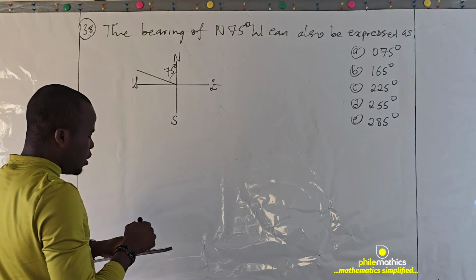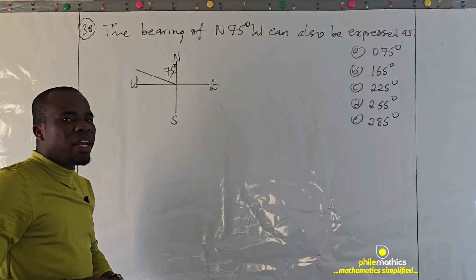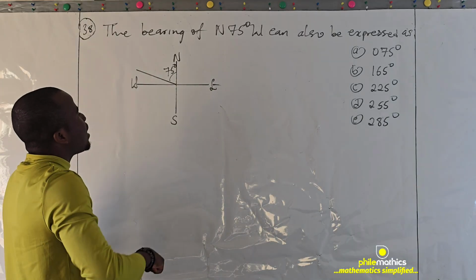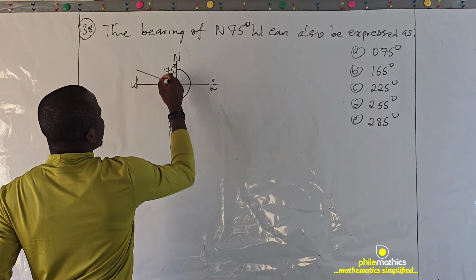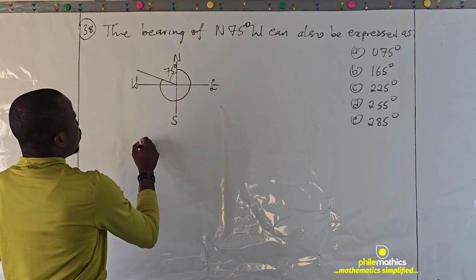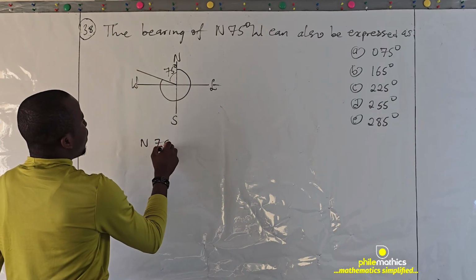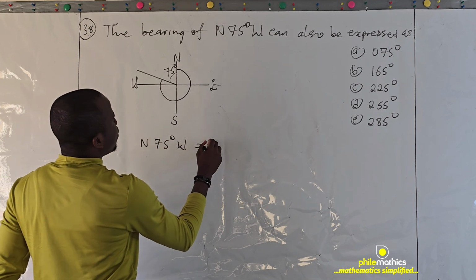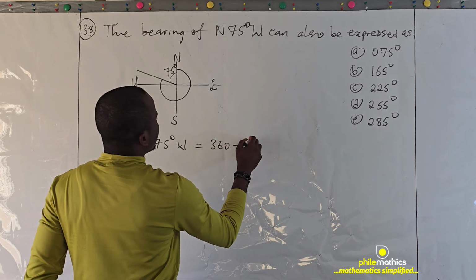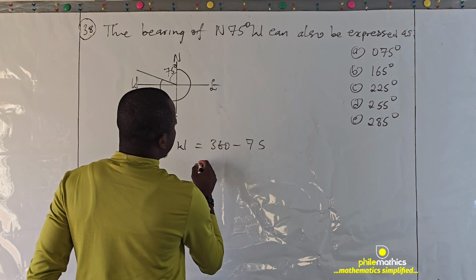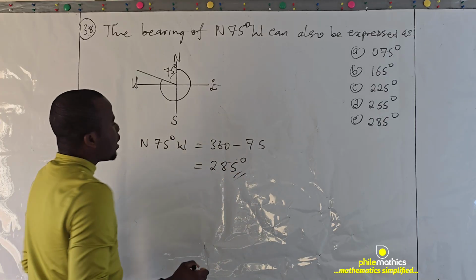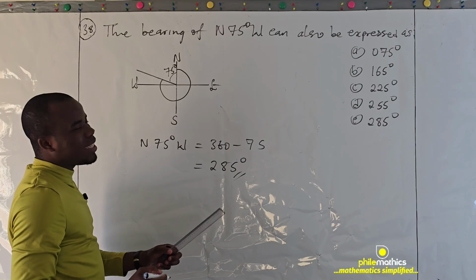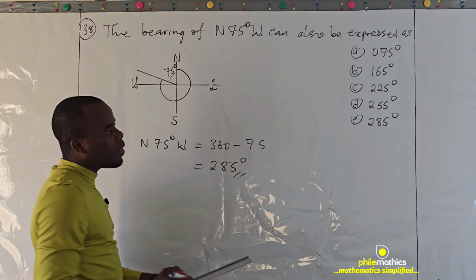In 3-digit bearing, we're just looking for its equivalent, that is subtracting it from 360. So north 75 degrees west is simply 360 minus 75, and that is 285 degrees. That is what north 75 degrees west is in 3-digit bearing.